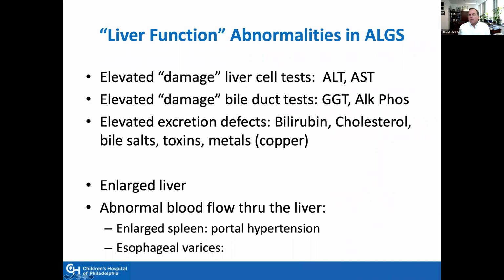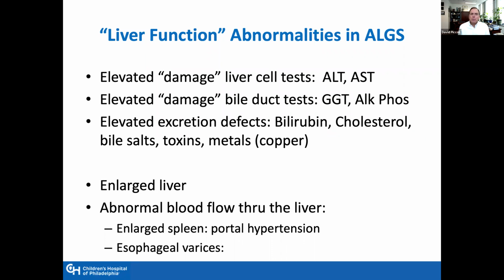So when we talk about liver function, people use this word loosely. And Noel and I will talk a little bit more about function for real. But there are damage tests that are ALT and AST. And sometimes in Alagille, they don't really show a damage that means the same thing as it might mean in hepatitis, but we measure it every time. And then there are bile duct damage tests, such as the GGT and the ALK-Phos.